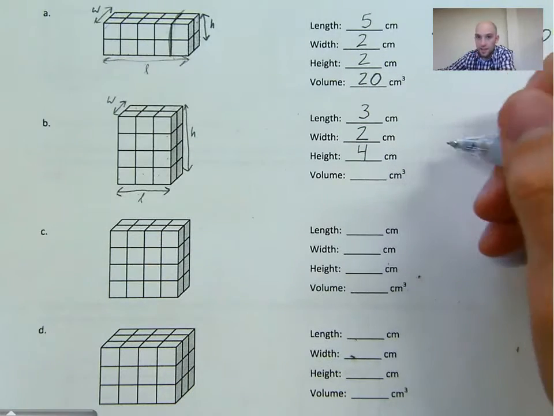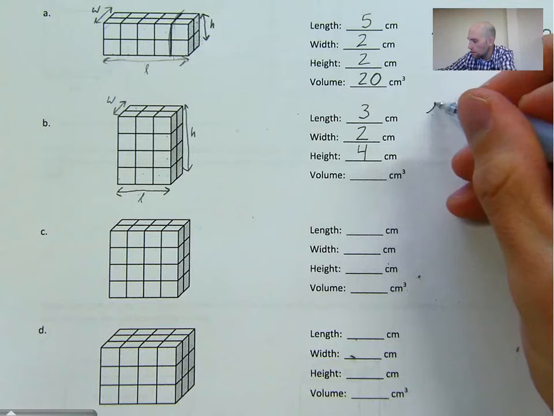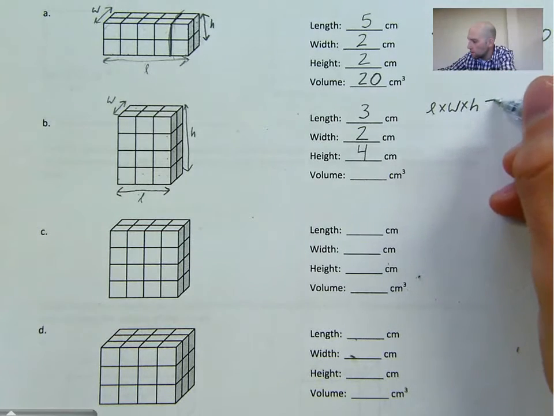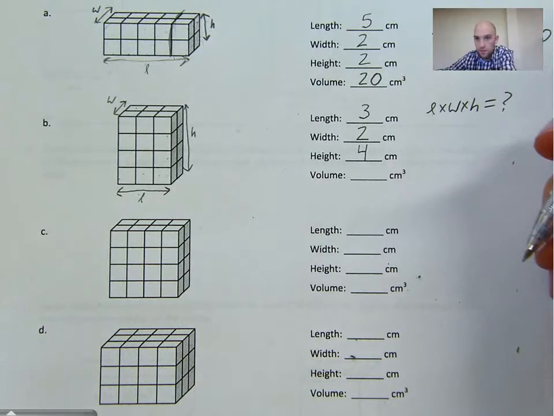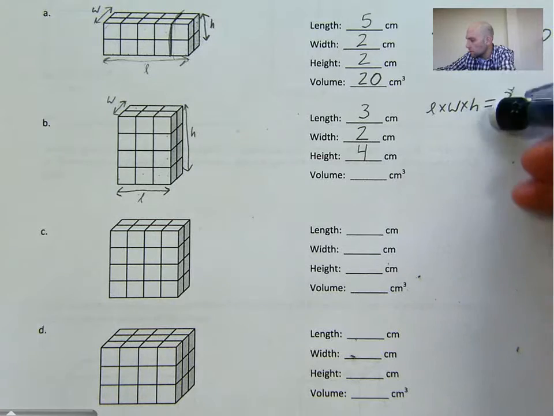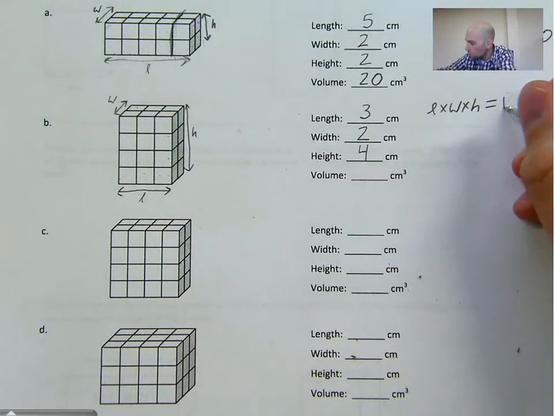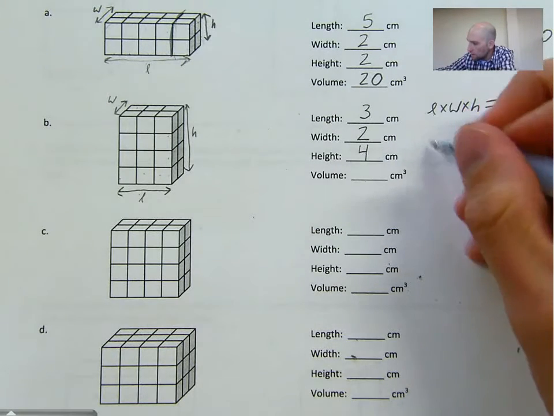So again, I can move into that length times width times height algorithm. Length times width times height equals, that's going to give us our volume. So I'm actually going to, instead of a question mark, start to use variables. We'll put V for volume. And let's plug in our numbers.